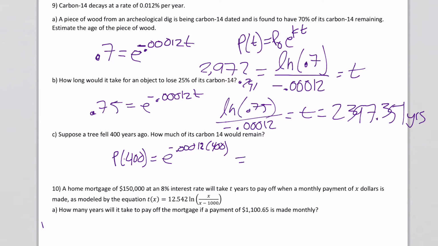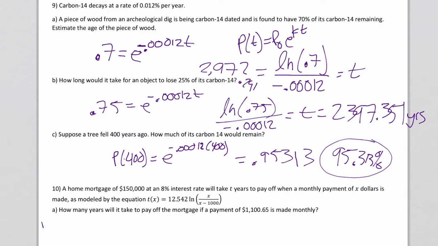It's going to give you 0.95313, which tells us that 95.313% will remain after 400 years. So still a good chunk of the carbon-14.